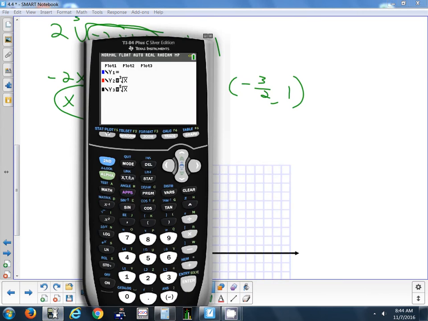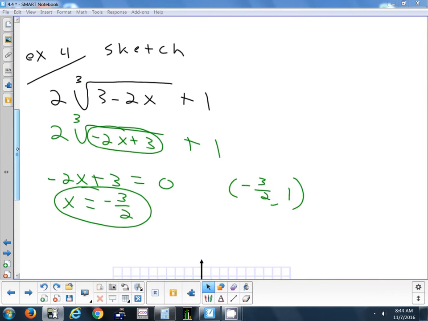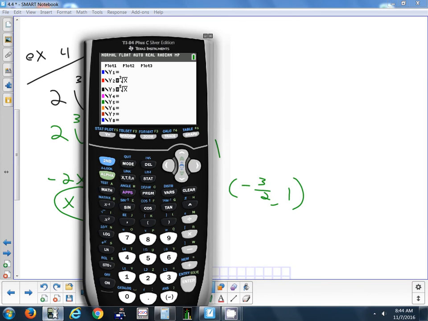All right, so let's type in our root. 2 times the cube root of 3 minus 2x. All right, so we got 2. And you have to put in the times symbol, because if you don't, what's going to happen is if you just put a 3 next to it and now go to type in your root, it's going to take the 23rd root.